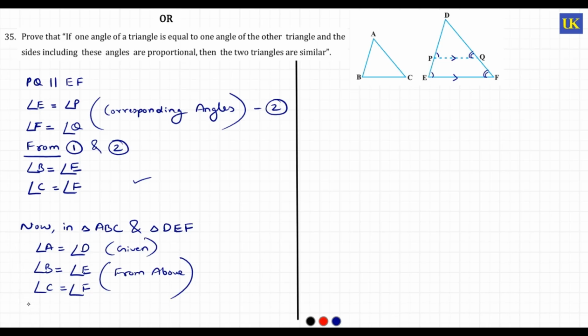So by angle similarity criteria, I can say that therefore triangle ABC is similar to triangle DEF.